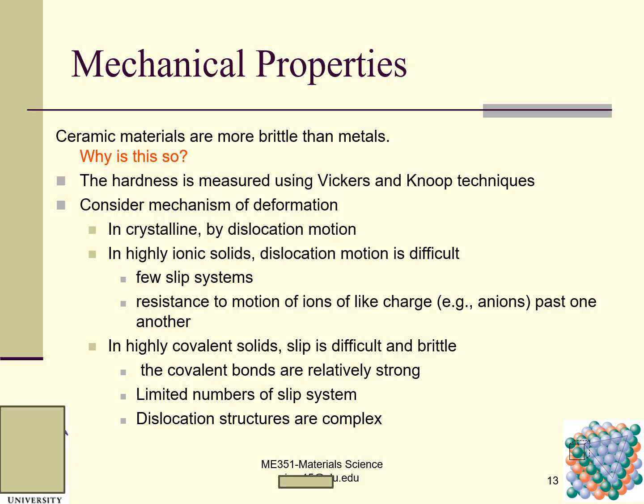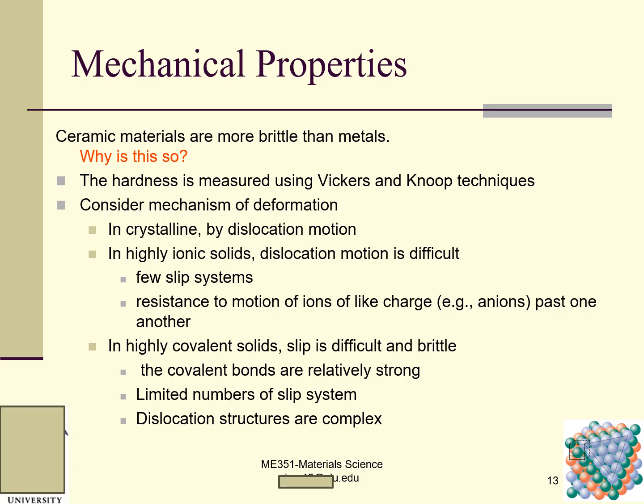And we consider the mechanism of deformation. In crystalline materials, it is dislocation motion. This is the mechanism of deformation. In highly ionic solids, dislocation motion is difficult because in this case we have fewer slip systems, and resistance to motion of ions of like charge, for example, ions passing one another.